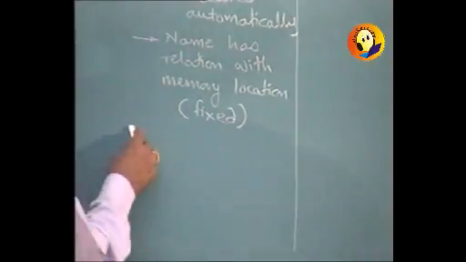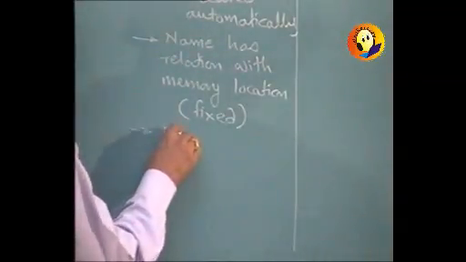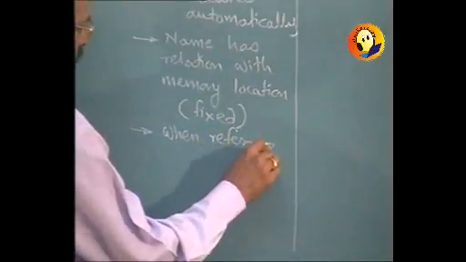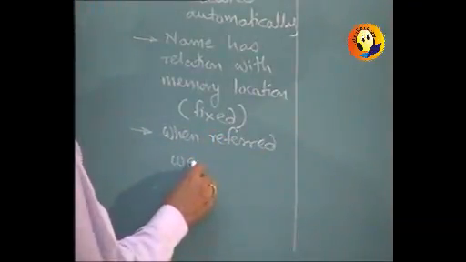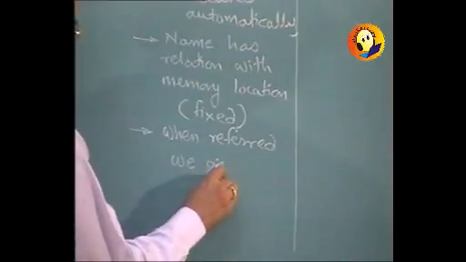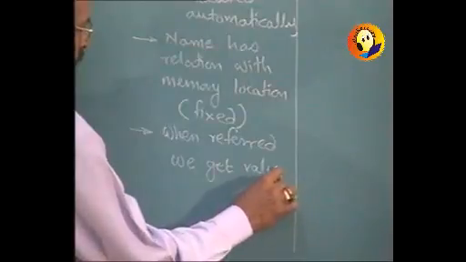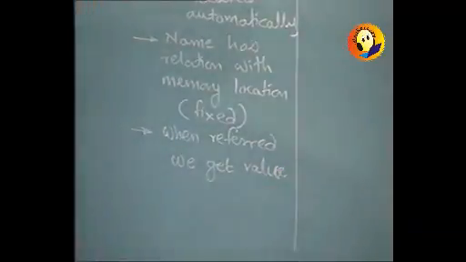When referred, we get the value. Whenever you use that particular variable or identifier, you are actually talking about the value of it.